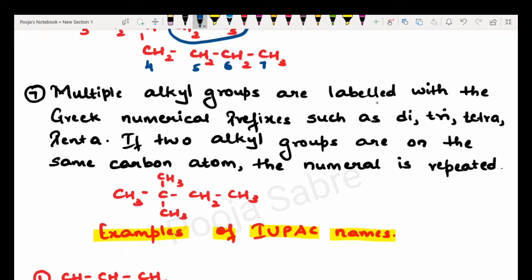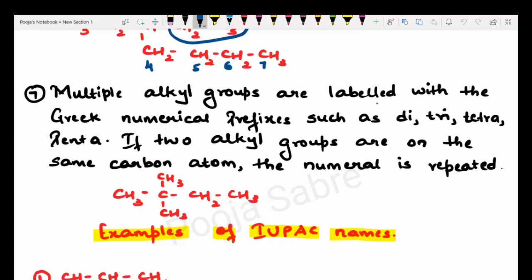I repeat, multiple alkyl groups are labeled with the Greek numerical prefixes such as di, tri, tetra, penta for 2, 3, 4, 5 respectively. Further, it says that if two alkyl groups are on the same carbon atom, the numeral is repeated. So let us look into the example.